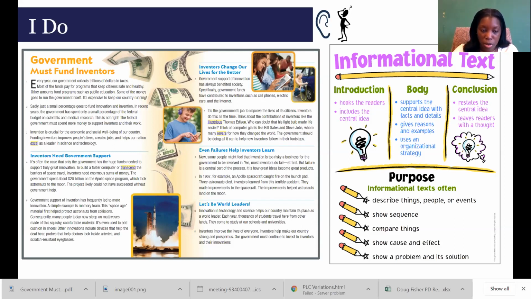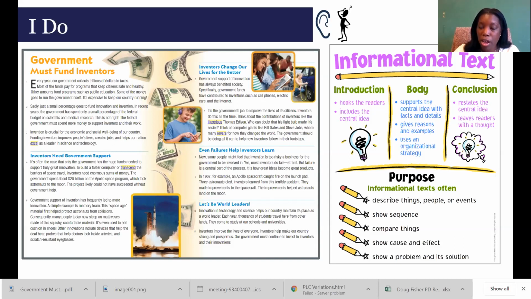The next thing I want to look at is if I can find my central idea, what the rest of my text is going to be about. If I look at paragraph 2, I see that my central idea is stated: the federal government must spend more money to support inventors and their work.